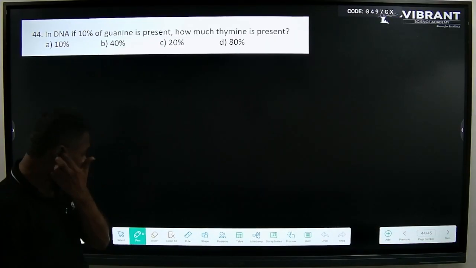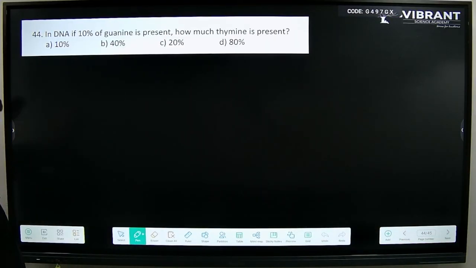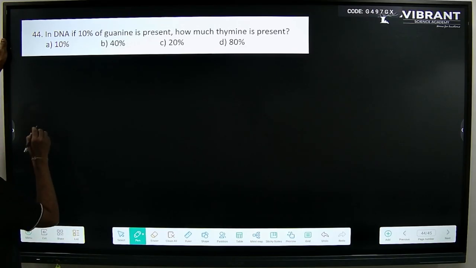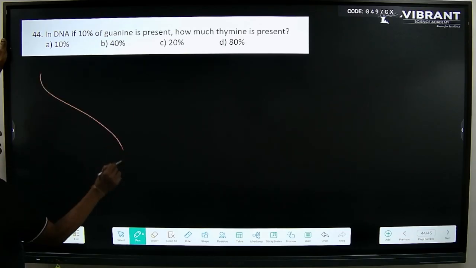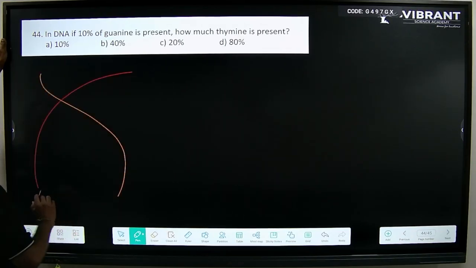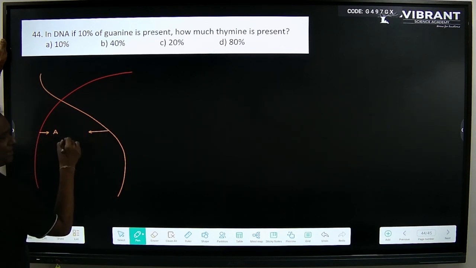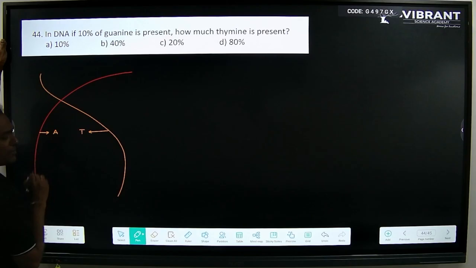Now, this is one of the very good questions, child. In a DNA, if 10% of guanine is present, how much thymine is present? Some of the kids may be thinking, sir, how is guanine related to thymine? I will just tell you one thing. One thing is very clear in a DNA chain: base pairing. If you have an adenine, the complementary base would be thymine.